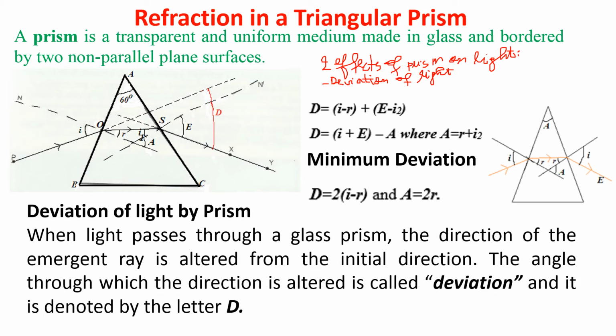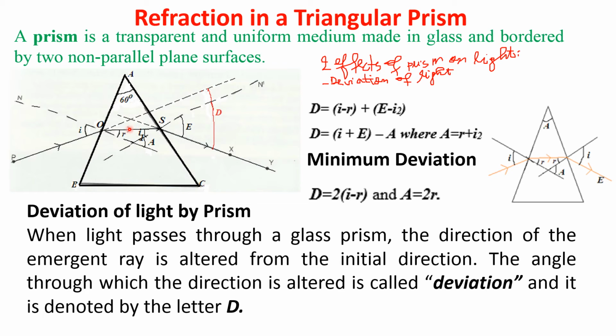Then in this diagram, here we have the incident light ray. It is incident at the first point of incidence O. Then this light ray is refracted inside the glass prism.